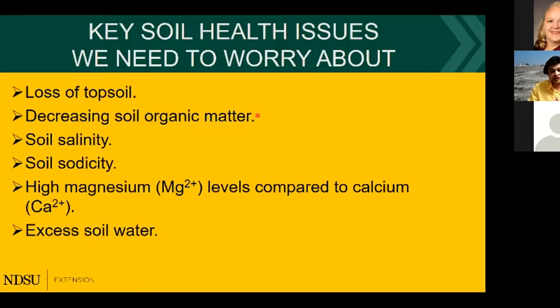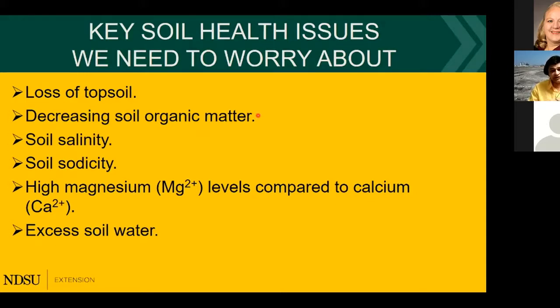We should focus on minimizing erosion, losing our topsoil, whether it's blowing away, whether it's running off, or by any other means. Tillage erosion is another thing which is being recognized more and more. Mostly we used to focus on wind and water erosion, but tillage also causes erosion.